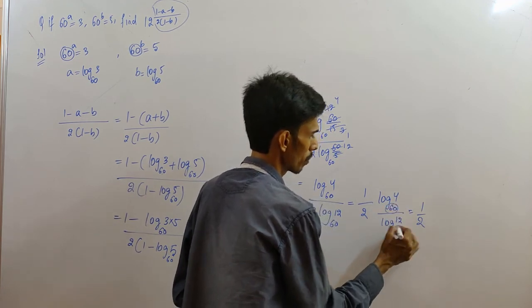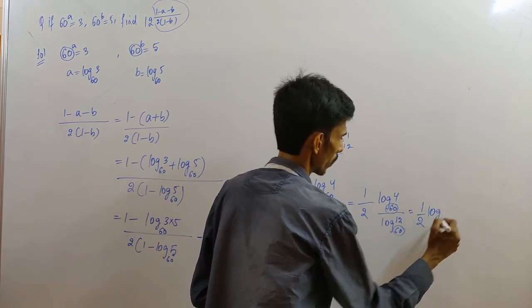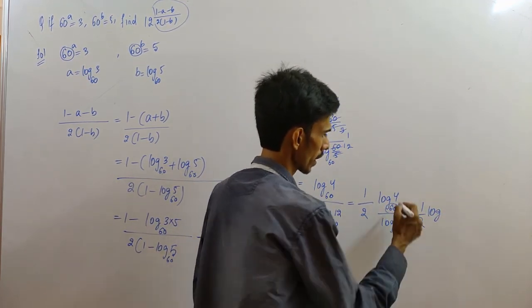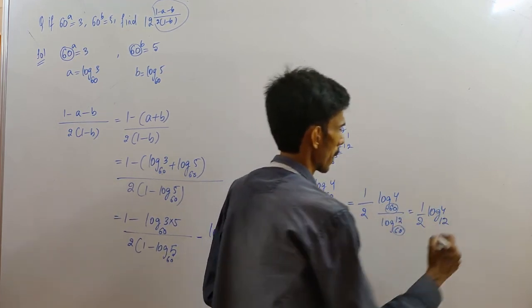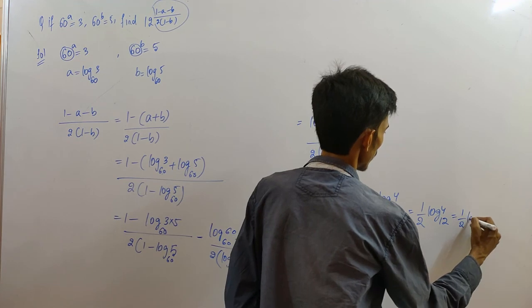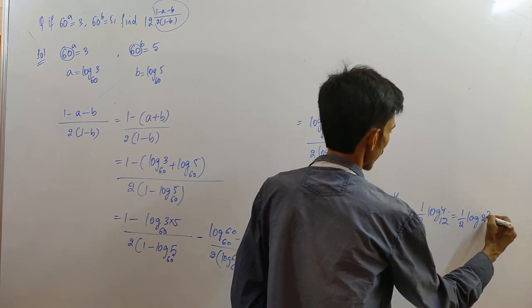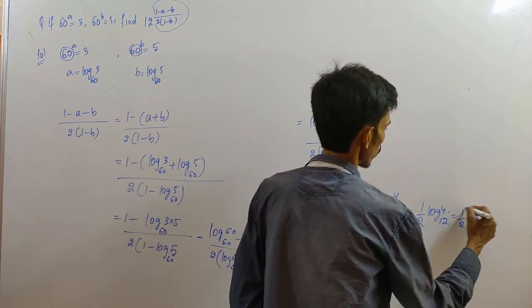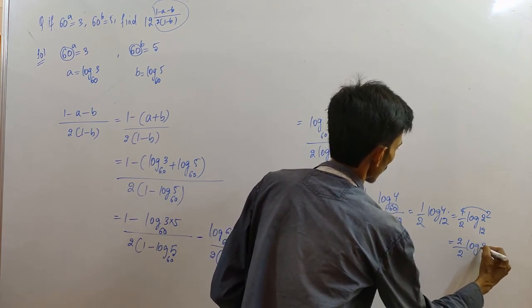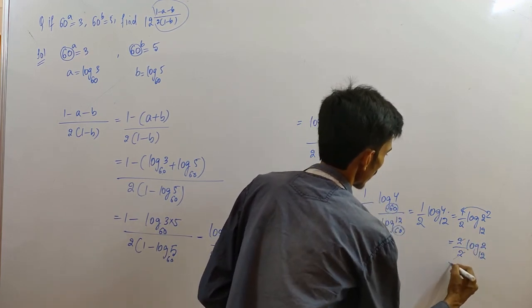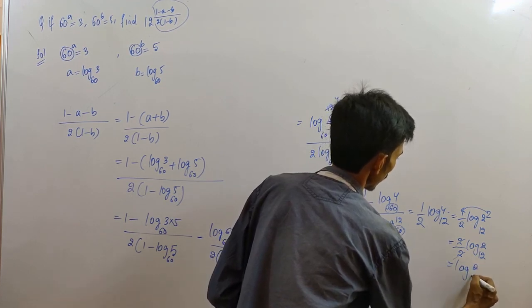When these two have the same base, we can skip the 60 and write 4 with base 12. Now this can be written as 1 by 2 log_12 4, where 4 is 2 square, so the 2 will come here, 2 divided by 2 log_12 2, so the value will be log_12 2.